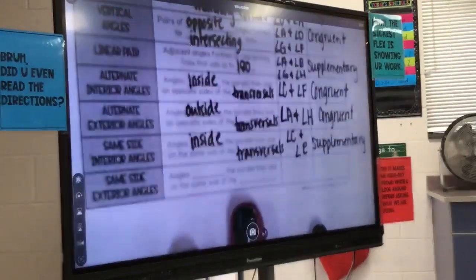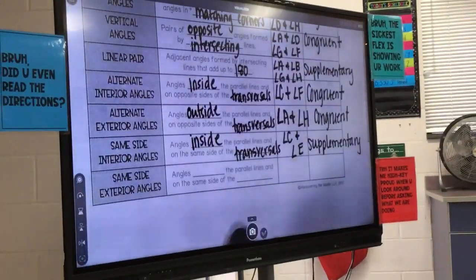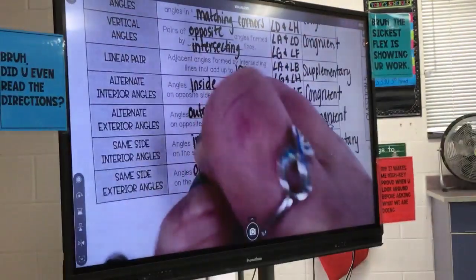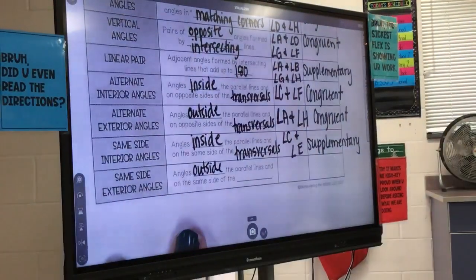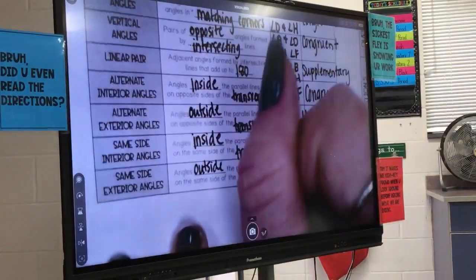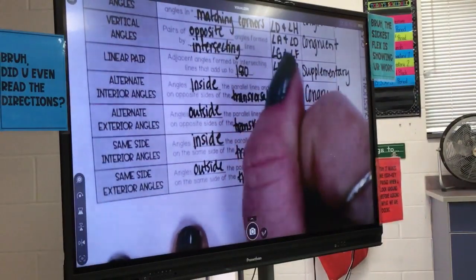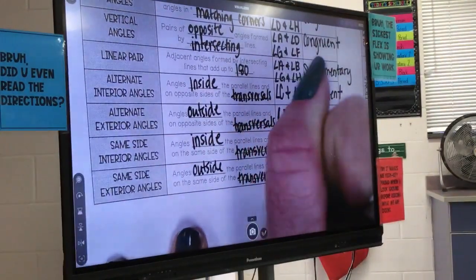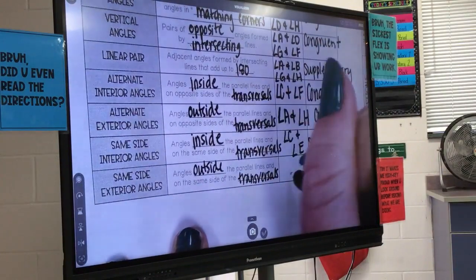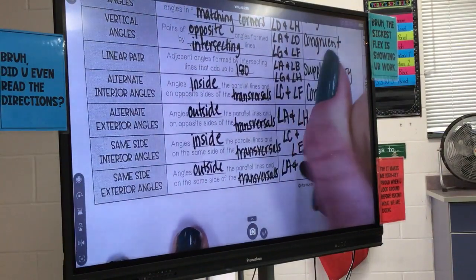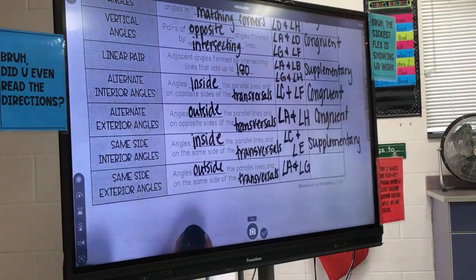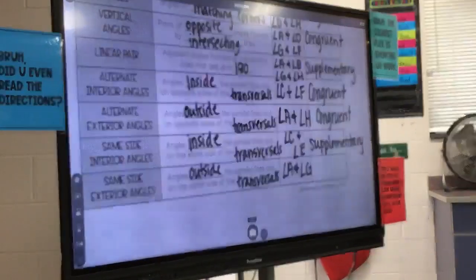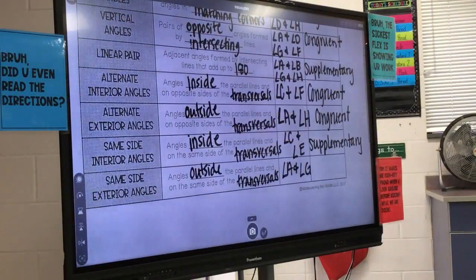And then same side exterior would be angles outside the parallel lines and on the same side of the transversal. And an example of this would be angle A and angle G. So are angle A and G congruent or supplementary?